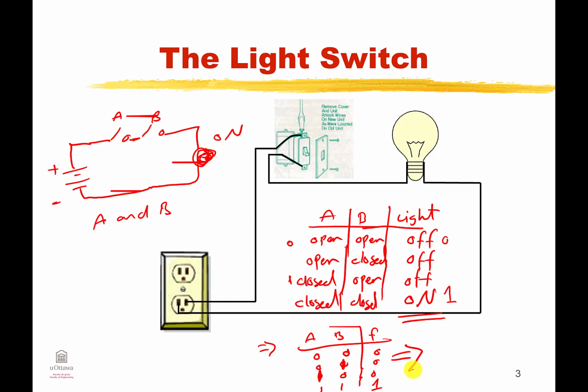This representation of a digital circuit is called a truth table. Okay, guys?